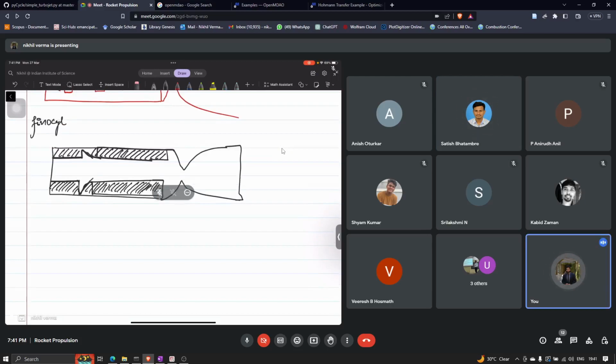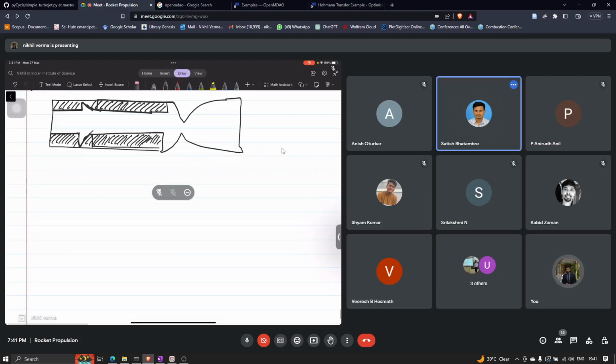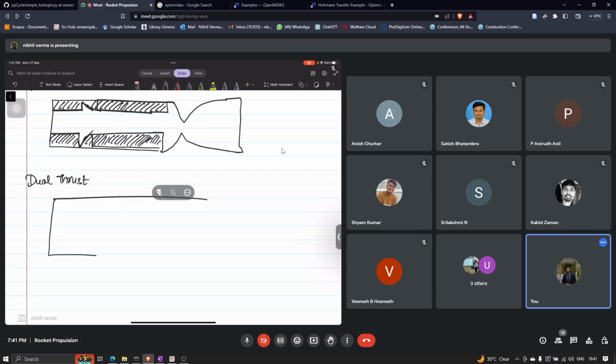Most of the grain geometries exist because of the mission requirements. And another one is dual.